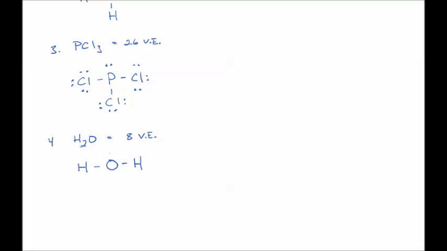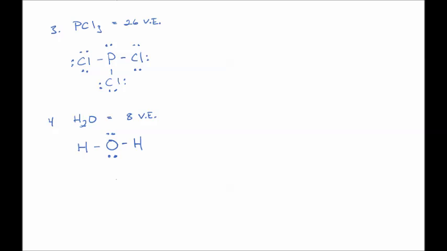We have 4 electrons left to distribute, and they will go on the oxygen, so it has 8. Also, water is what we call a bent molecule. So actually the hydrogens are at right angles to each other, which we'll talk about more in class.